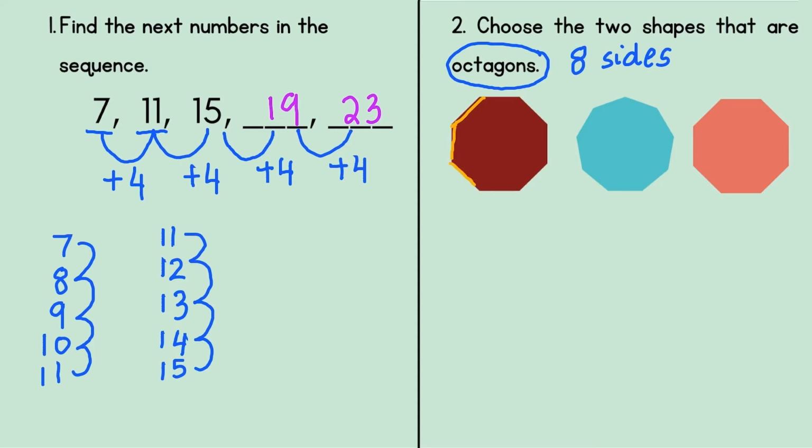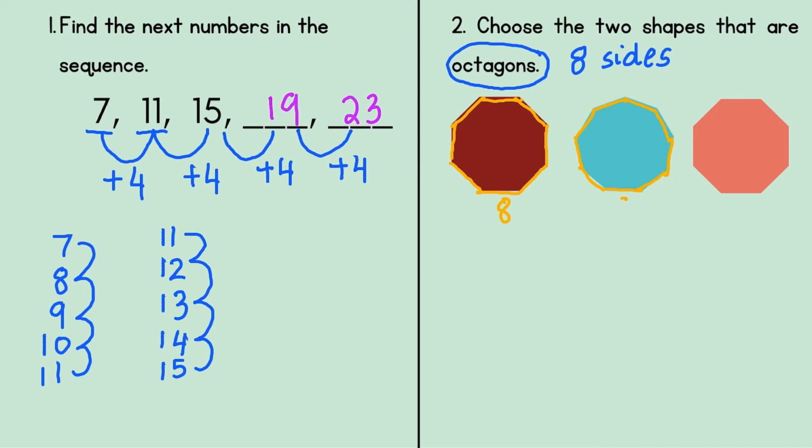1, 2, 3, 4, 5, 6, 7, 8. So this is an octagon. How about this one? 1, 2, 3, 4, 5, 6, 7, 8, 9.